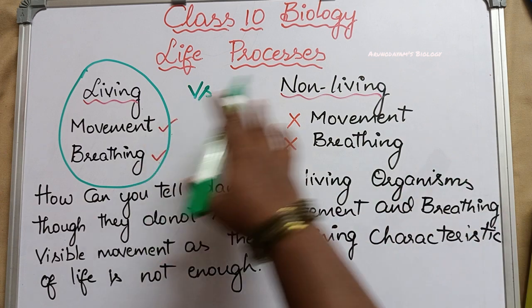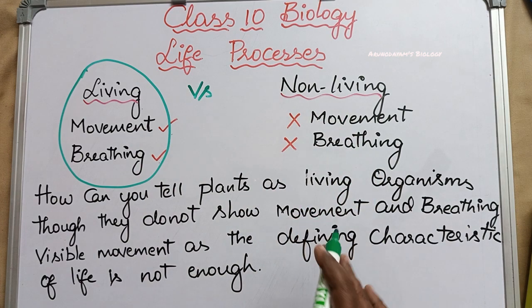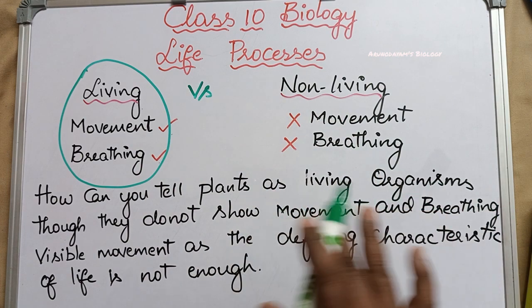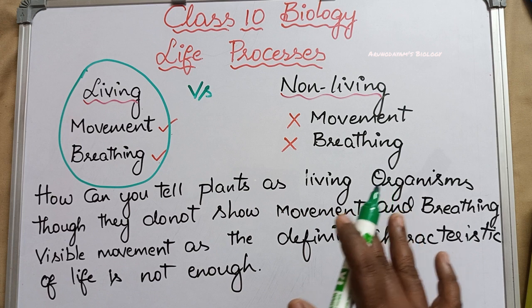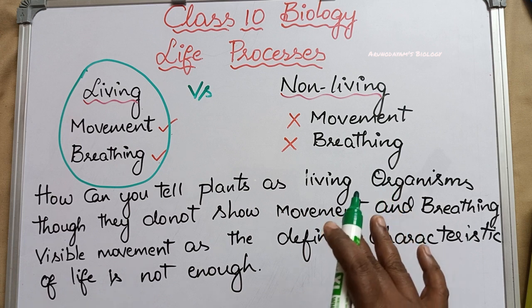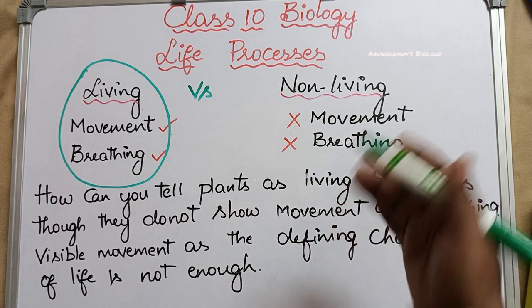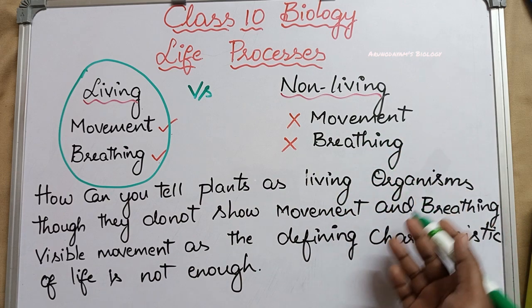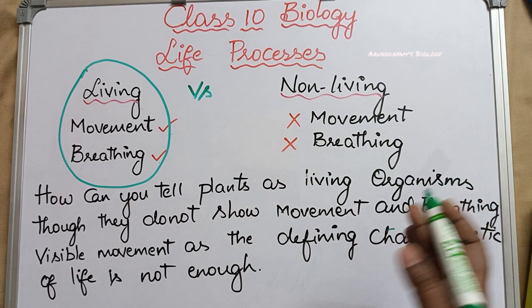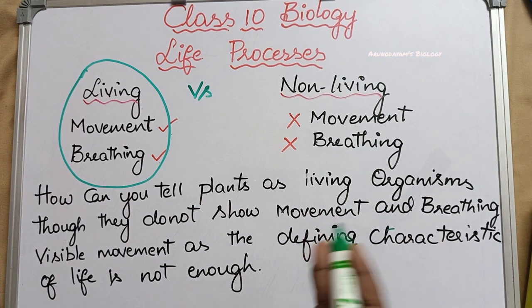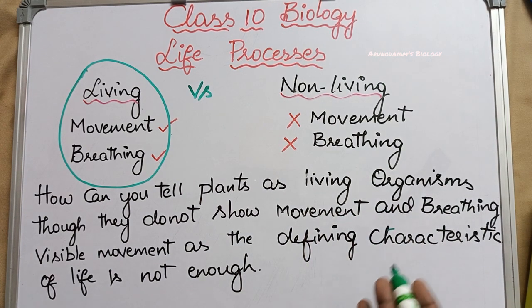By observing these examples, we can clearly say that we should not take movement as a characteristic feature of living organisms. There are living organisms which do not show movement and breathing, but they have life in them. We should not take movement as a main criterion for defining a living organism.